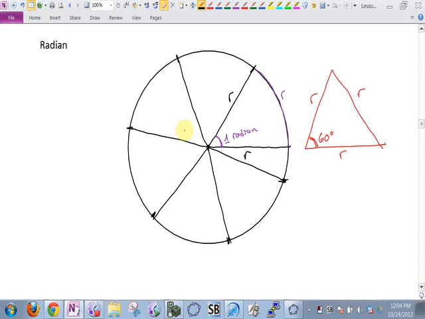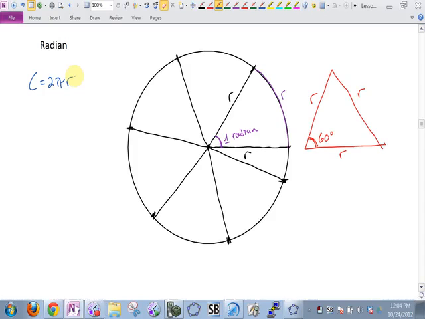Well, first of all, what is the circumference of this radius R circle? The circumference of the circle is 2 pi r. Agreed? So my question to you is, how many radius does it take to get around the full circle? 2 pi of them. And each radius around the outside of the circle corresponds to a radian inside the circle.